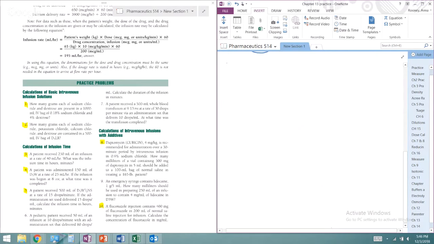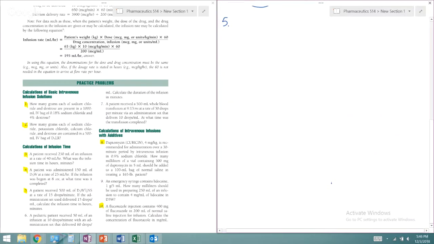All right, let's do number 5. A patient received 500 mLs of D5W half normal saline at the rate of 15 drops a minute. If the administration set used delivers 15 drops per milliliter, calculate the infusion time in hours and minutes. So the nice thing about this is that you have 15 drops.